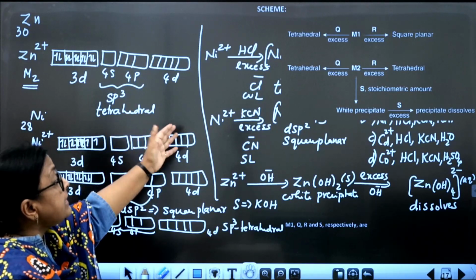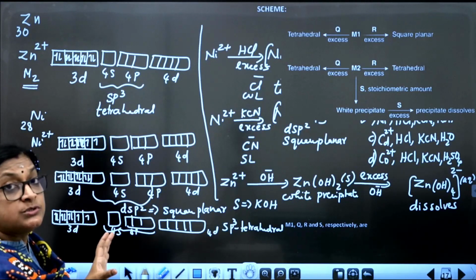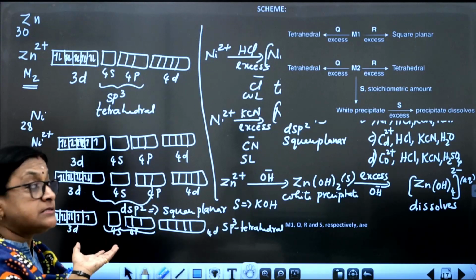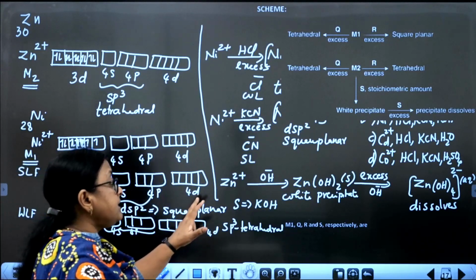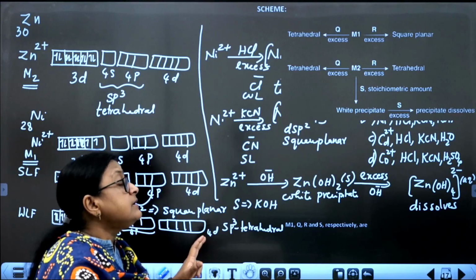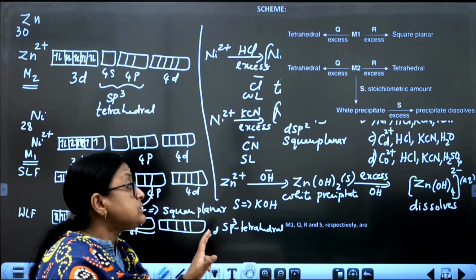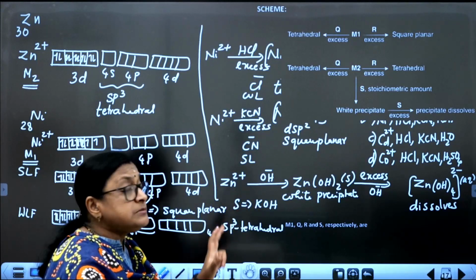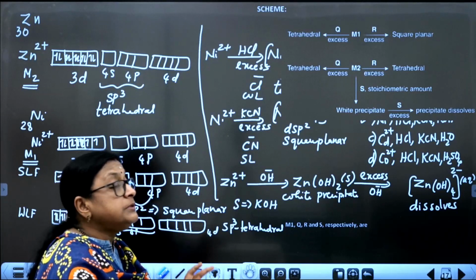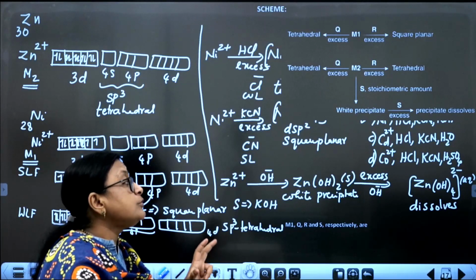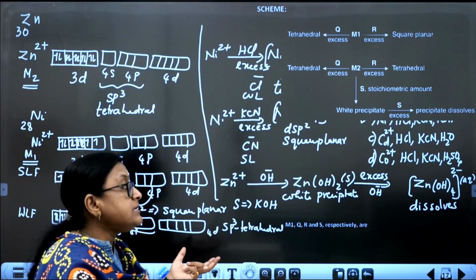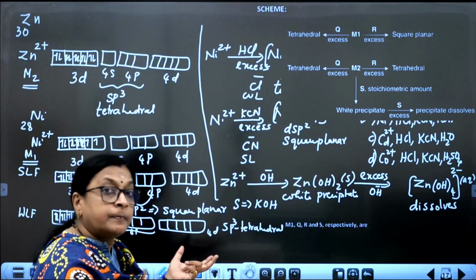So, be it a strong ligand or weak ligand, it's going to give us only sp3 tetrahedral complex. So, M2 may be Zn2 plus. And if M2 is Zn2 plus, then in alkaline medium, first water insoluble or sparingly soluble zinc hydroxide is precipitated, to which when you add excess KOH, it forms a soluble complex [Zn(OH)4] 2 minus, or you can also write it as K2[Zn(OH)4]. Thank you, children.